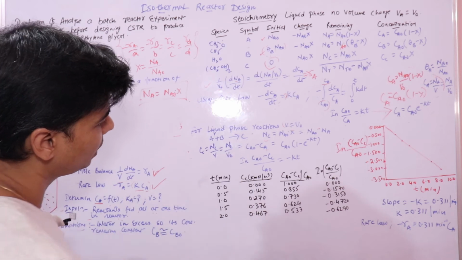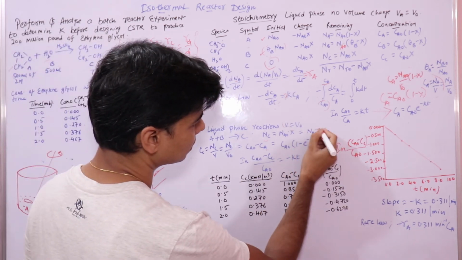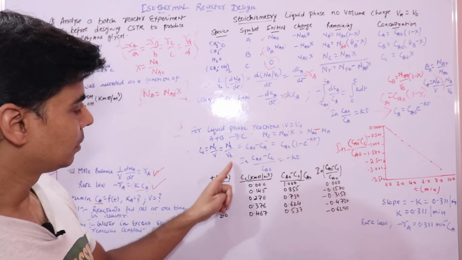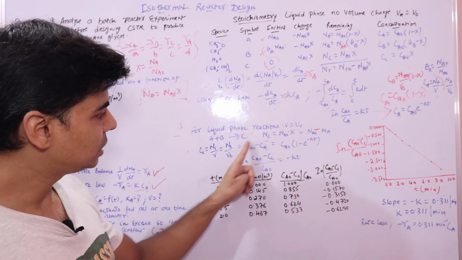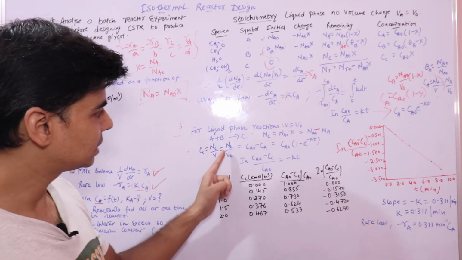So Nc would be equal to Ca0 minus Ca, right? How did you reach this expression?